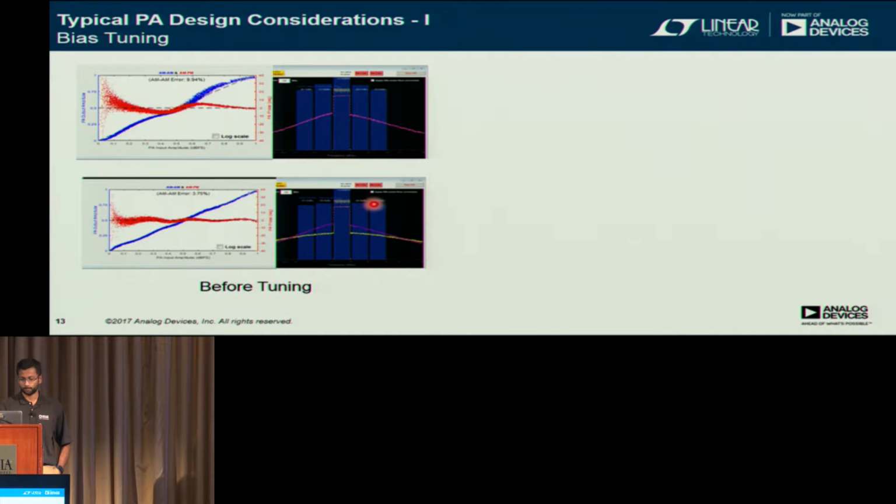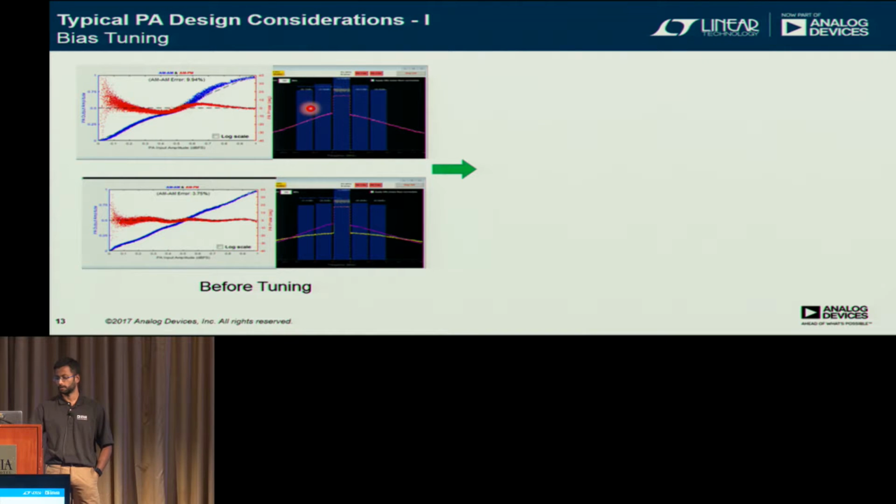So moving on, what can you do as a systems or RF designer or whoever? What can you do to improve your DPD solution space? Let's say that this is what you're left with, no tuning whatsoever. These PA modules are out there, and all you can get access to is this highly efficient PA, but it's practically useless because you can't linearize it.